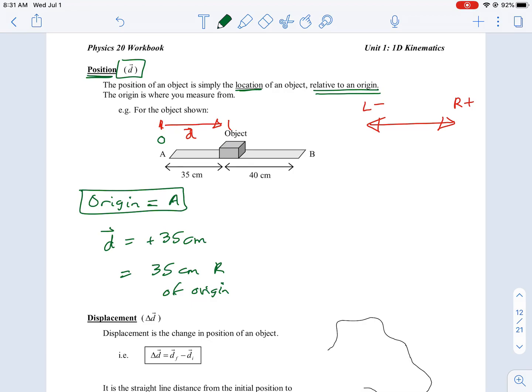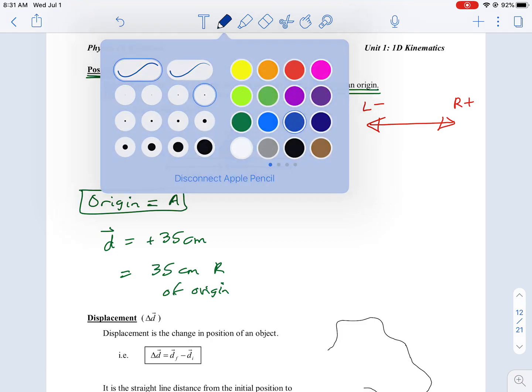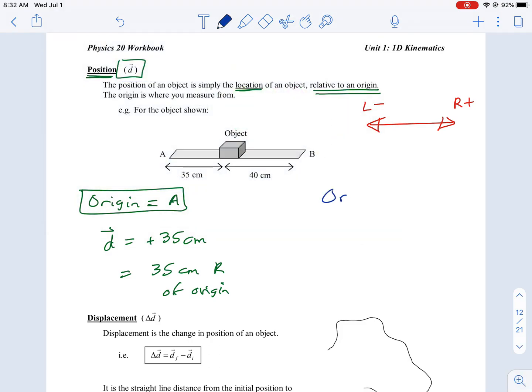But I didn't have to choose that as my origin. So I'm going to take this away now. Let's do a different choice. Let's choose, for example, the origin as being B. So now B is your zero location. And the position relative to B goes from here to here. Based on B, that's the position.